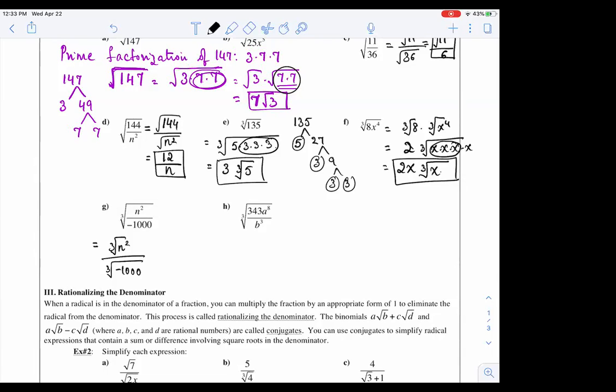I forgot that these are cubes, not squares. Cube root of n squared. When you split the n squared, that's only n times n. We don't even have a triple to come out. Do you see that? Yeah. So you can't do anything with it. That stays the same, because we don't have a triple here.